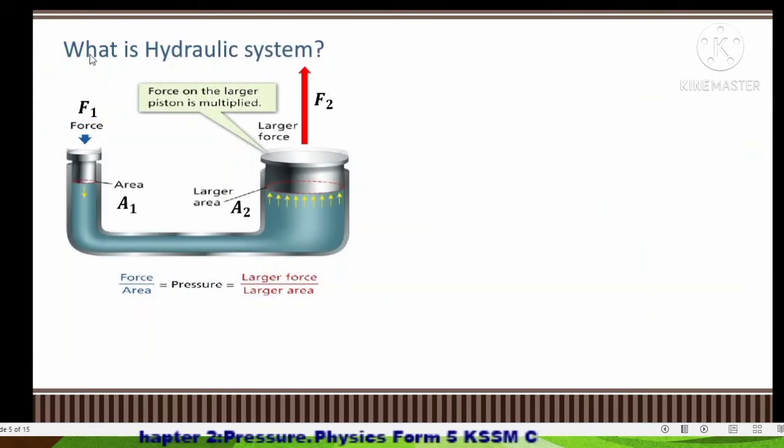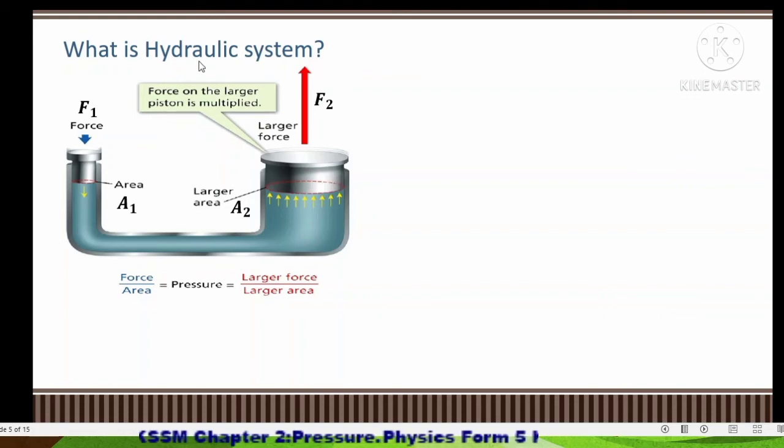So what is a hydraulic system actually? So this is a hydraulic system. The piston which has the smaller area, we call the input piston. The one with larger area, we call the output piston.